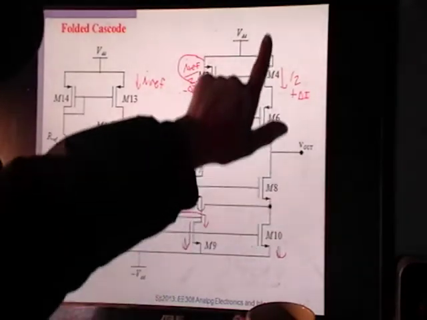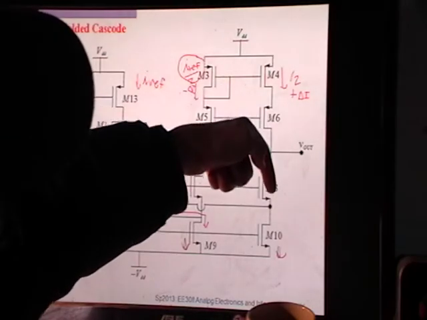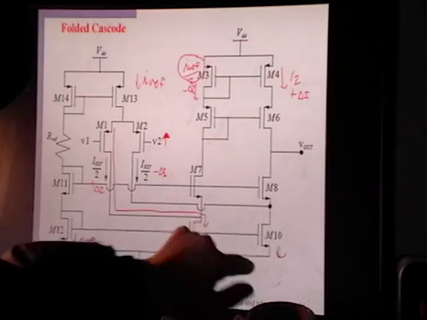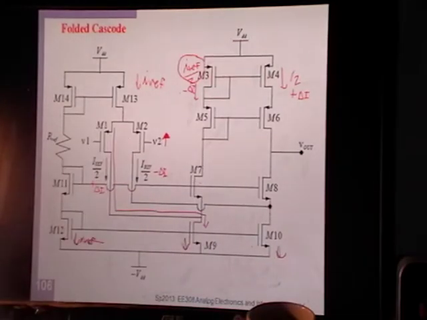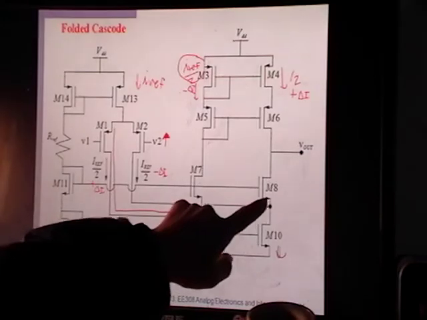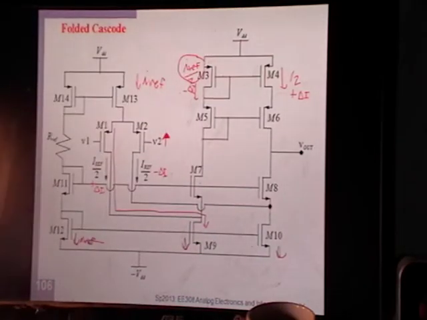Your R out, you see RO squared looking up, but looking down, instead of seeing an RO, you have two branches the current can go through. And if you have more than one branch, that means you've just put something in parallel and your resistance has dropped. So because of having this second branch out here, the R out drops and your whole gain drops.